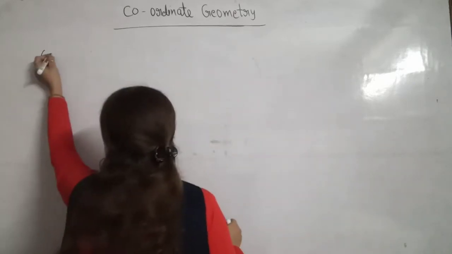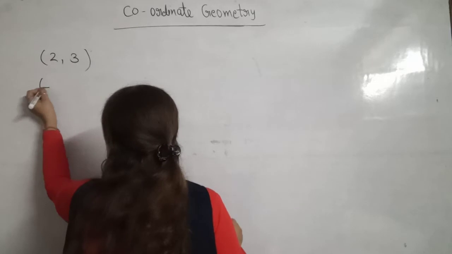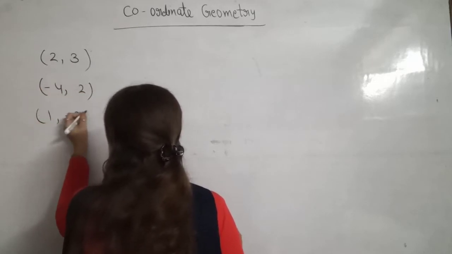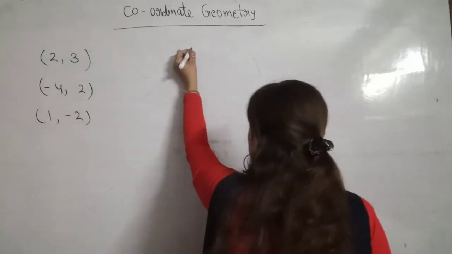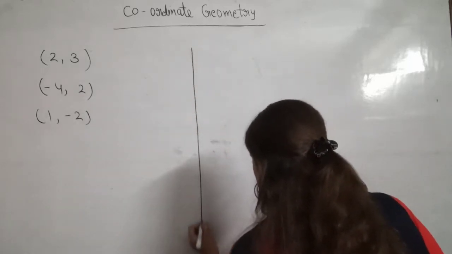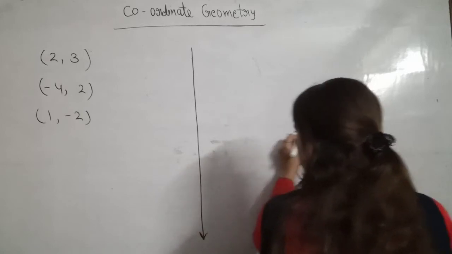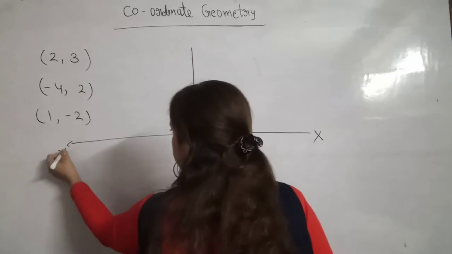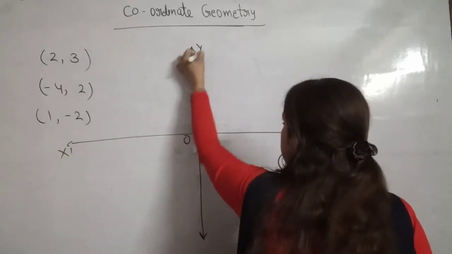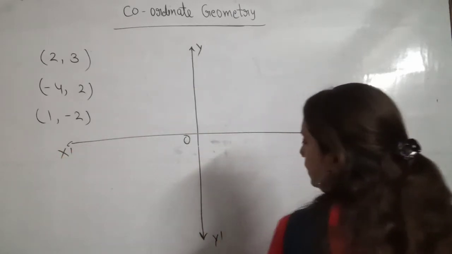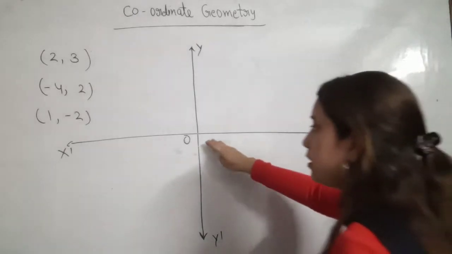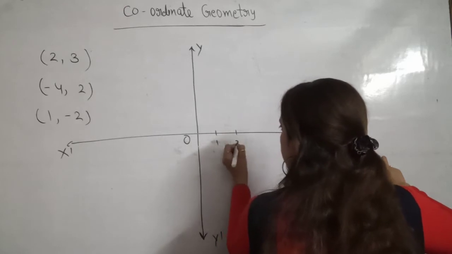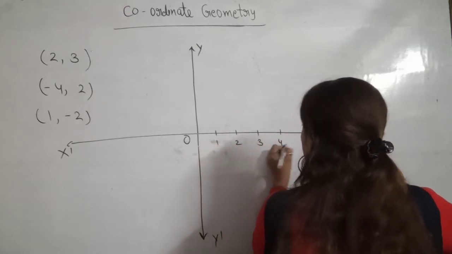Suppose we have the points 2, 3; minus 4, 2; and 1, minus 2. So first we draw the axes: x-axis, X O X dash, y-axis, Y O Y dash. After that we take an equal scale and write the numbers 1, 2, 3, 4, 5.